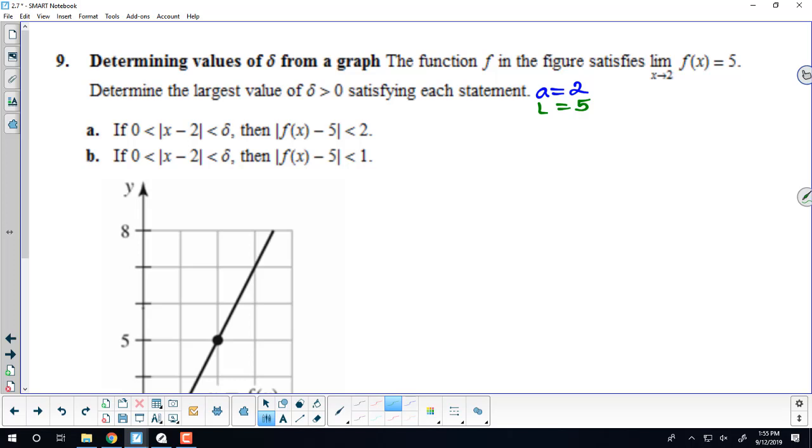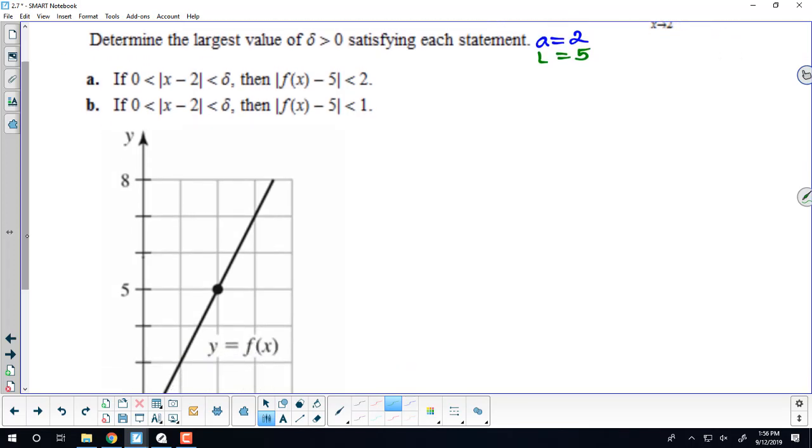So statement A says that if I'm how many units from what on the x-axis? Delta units from 2 on the x-axis, remember, so there's a again. Then I'm how many units from what on the y-axis? Epsilon. We're epsilon units from L. In this case, 2 units from 5 on the y-axis.